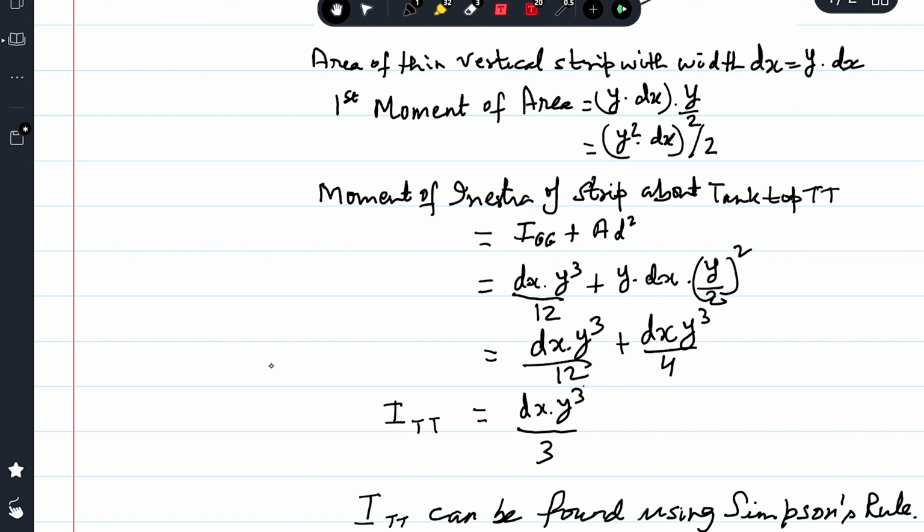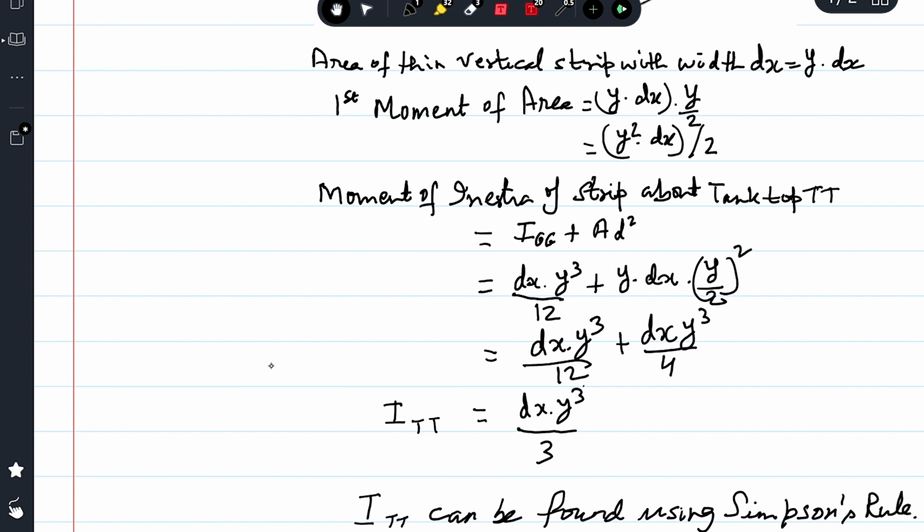Simplify this: dx y cubed upon 12 plus dx y multiplied by y squared becomes dx y cubed divided by 4. If you simplify this, you will get dx y cubed upon 3.